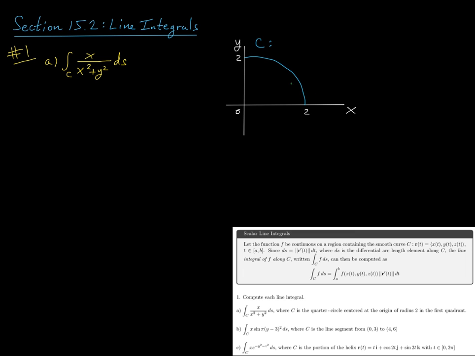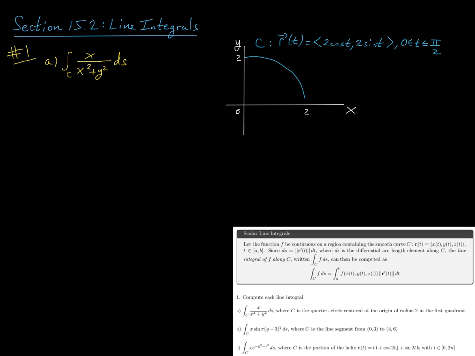Okay, so here is our curve C, and the first thing we're going to need is a parameterization of this path. So I'll go ahead and use the parameterization r of t is 2 cosine t, 2 sine t. And since I'm just looking at this quarter circle here in the first quadrant, t will vary from 0 to pi over 2.